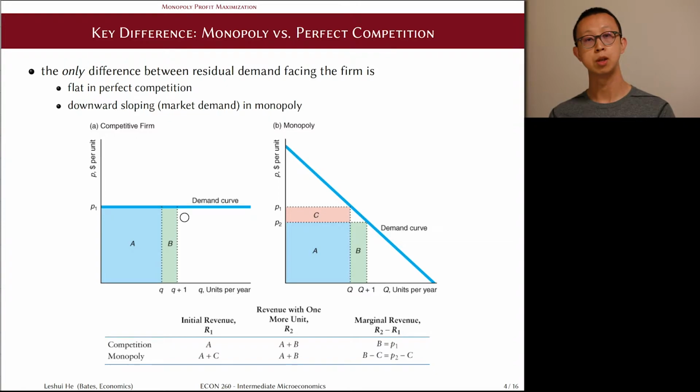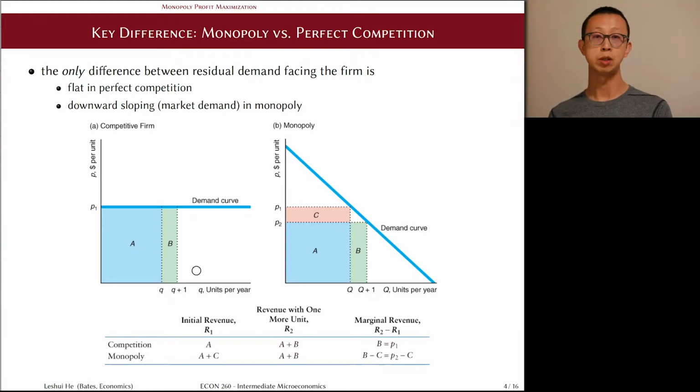As a result, when the price is at P1, as illustrated on this graph, each unit of additional output by the firm will simply raise an extra P1 in revenue. In other words, the firm does not worry about changes in the price when they decide whether they want to produce an extra unit of good.